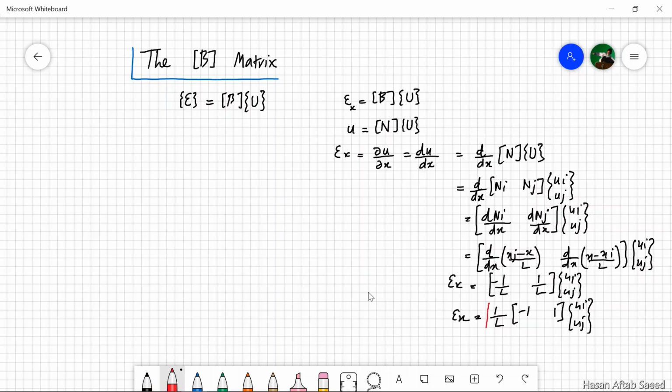Now this matrix, because it links the strain value with the nodal displacement values, this is the B matrix for 1D case. Now you recall this, we have done this earlier, so this was just a review, but using the same idea, we can now explore the B matrices for 2D, 3D cases as well.